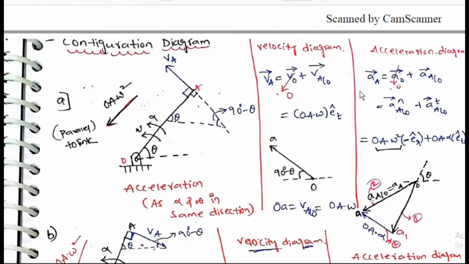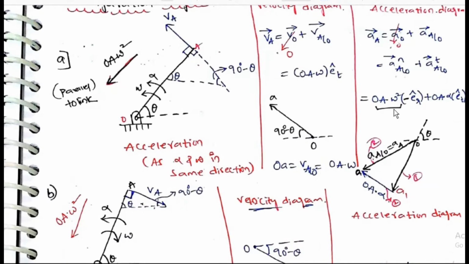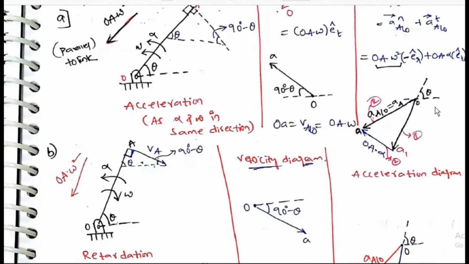Acceleration diagram: A bar is equal to AO bar plus A by O bar, is equal to A by N bar A by O plus AT bar A by O, which is OA omega square of minus ER cap plus OA alpha ET cap.